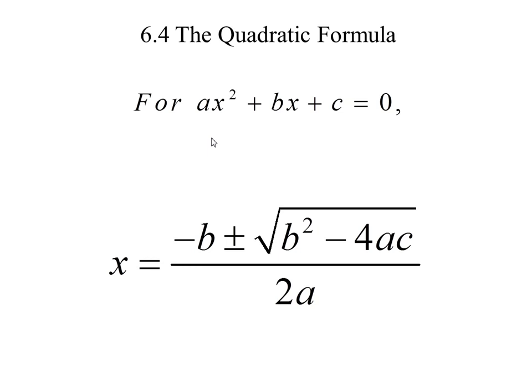Sometimes it will sit on the x-axis, which means you're only going to have one answer, and sometimes it won't even go through the x-axis, which means you don't have any answers, or it's complex. So what we're doing is we're trying to find the two coordinates where the parabola crosses the x-axis. And that's why you see x equals, because these are going to be x-intercepts. Everything that we're finding, even those two answers over there, those are x-intercepts.